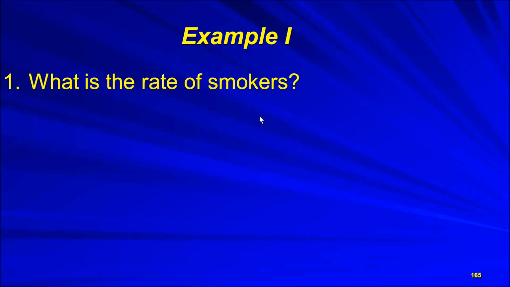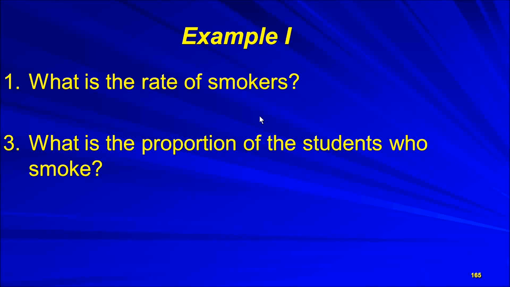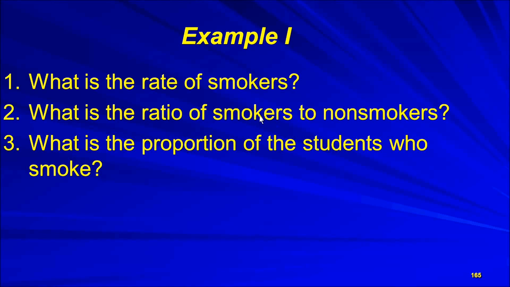Okay, example 1. What is the rate of smokers? What is the proportion of the students who smoke? And what is the ratio of smokers to non-smokers? I'll try and go over each one of these so you are clear about it. Now, when we mean rate, we mean related, right? So we know that whatever is going to be in the denominator is going to be in the numerator, and we can't differentiate those cases.